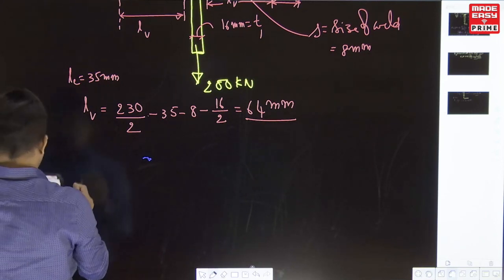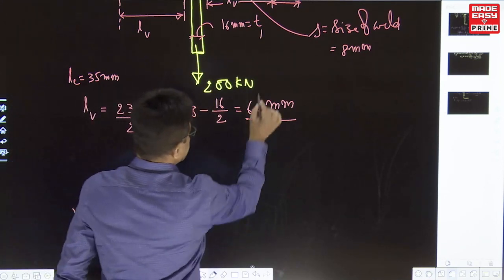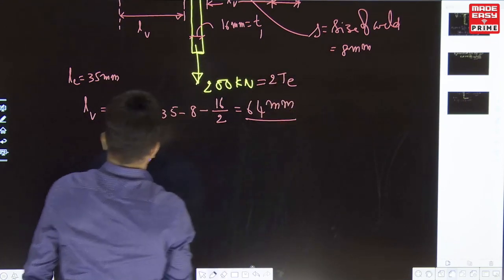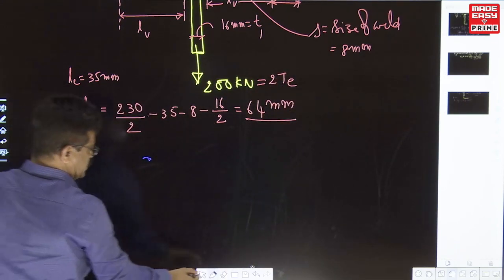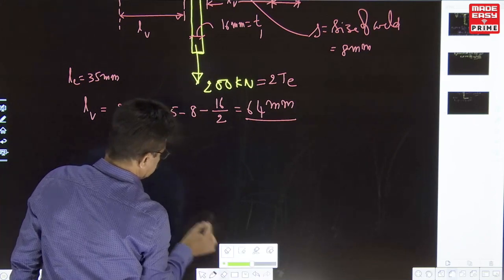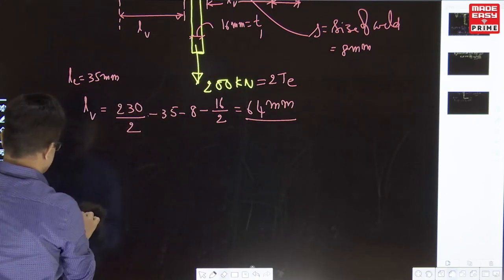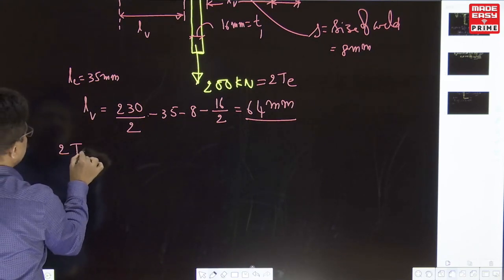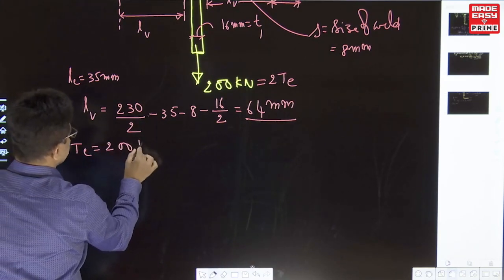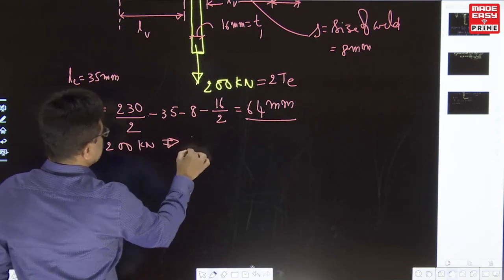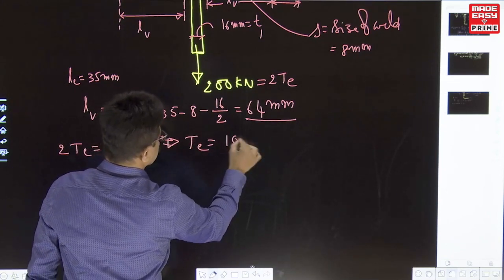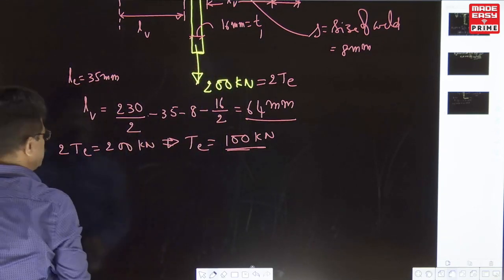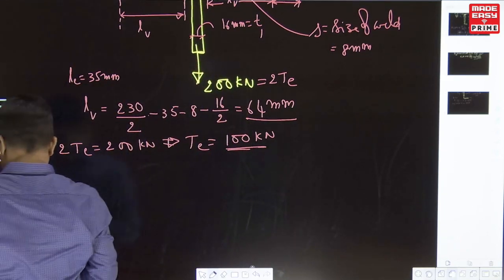Next, this value we have to take as 2 TE. So 2 TE is 200 kilonewton, which means TE is the tension. We will take only half part of the analysis, so TE will be 100.